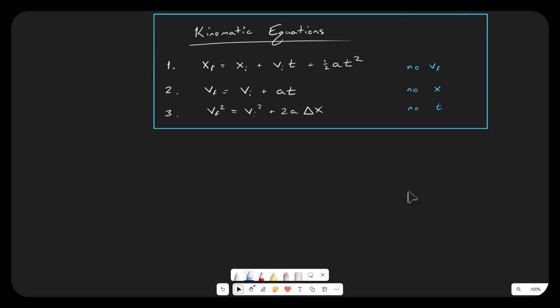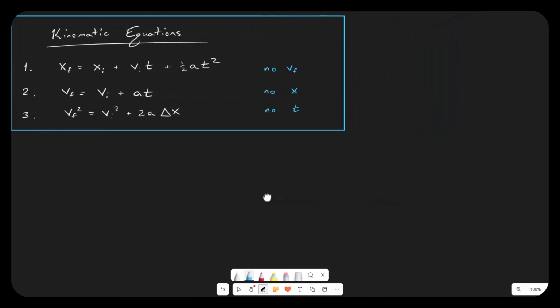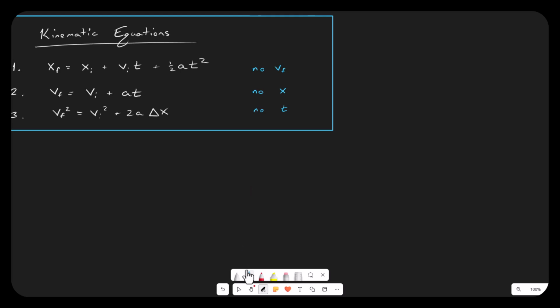When I encounter a problem with constant acceleration, I like to make a quick table and I list off the different variables that show up in all of these equations. These are all the kinematic variables. I'm going to have x initial, x final, v initial, v final, acceleration, and time.